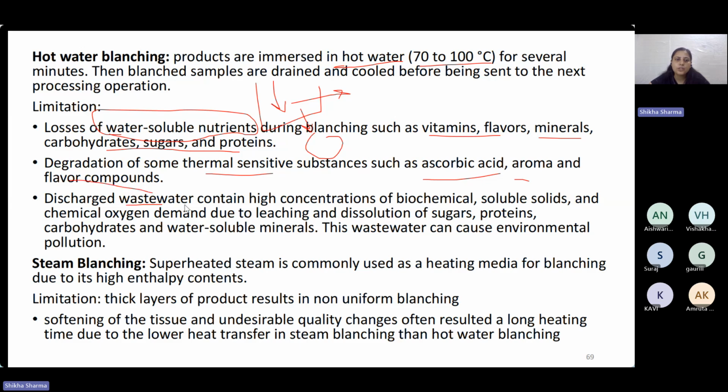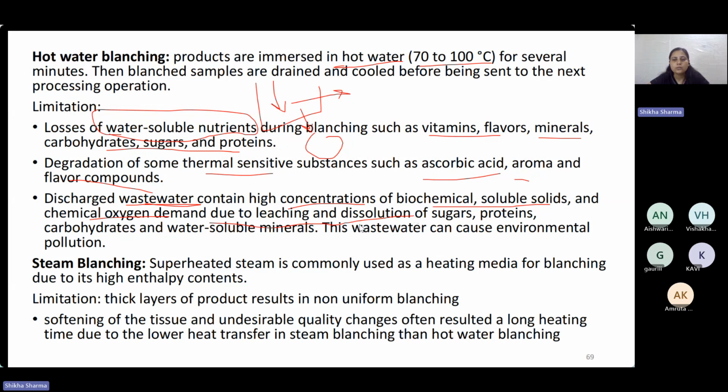The discharged wastewater will have a higher concentration of biochemical soluble solids and chemical oxygen demand, because these compounds like sugars, proteins, carbohydrates, water soluble minerals and other water soluble compounds leach out and dissolve in the water.